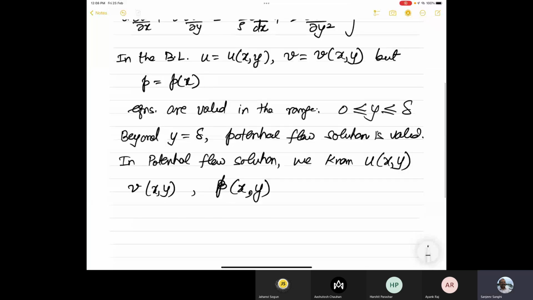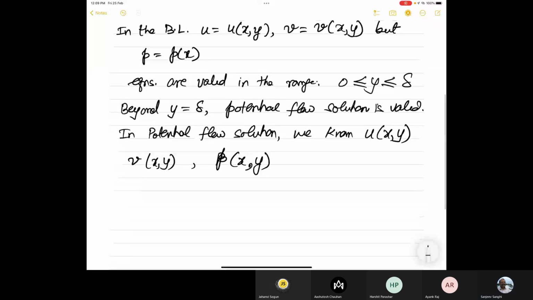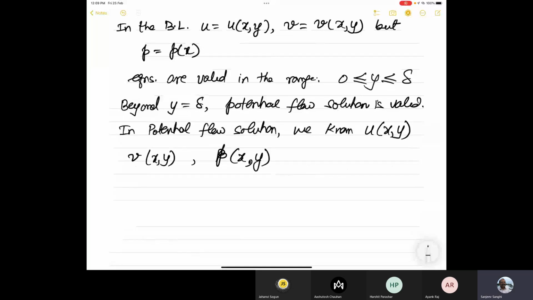For the potential flow is something which, when we start the boundary layer solution, we know the solution. But now what we have done is we have divided the region into two zones, a boundary layer and a region away. And in the boundary layer, the equations are slightly different.